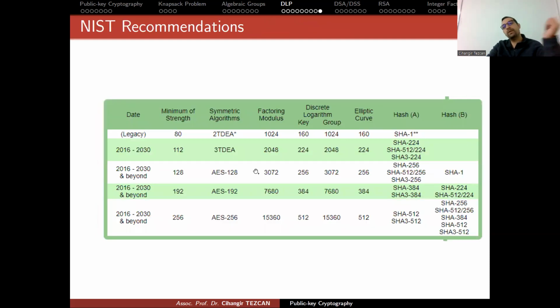Okay, so let me recall our table again. These are the key lengths that we recommend. This is the minimum line that I can recommend to you. Anything lower than this can be susceptible to being broken. Maybe not today, but maybe in a few years they can be broken.